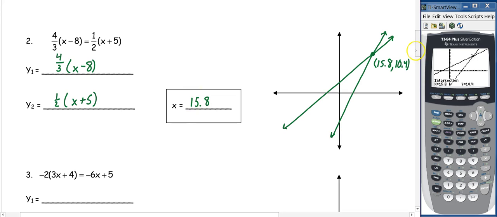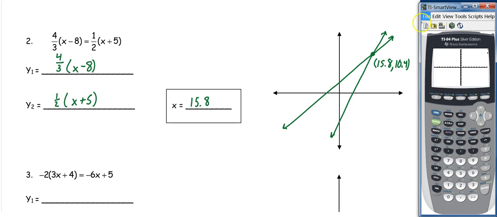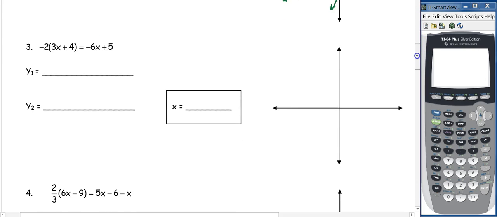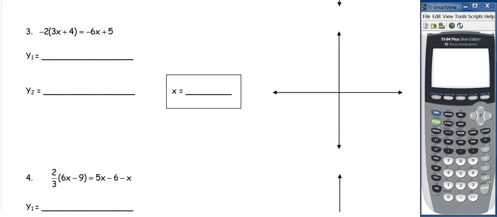Now let's look at what happens with our special case graphs. So we want to hit zoom 6 to reset our window since we changed it, and then we can exit out of it. And let's look at number 3. Number 3, we're going to split into two equations. My first equation is -2(3x + 4), and my y2 is -6x + 5.